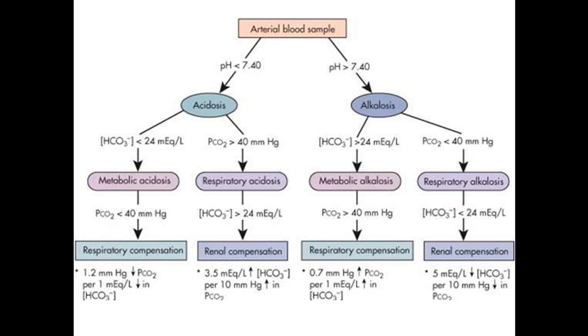When the pH is less than 7.4, it will be acidosis. And when the pH is more than 7.4, it will be alkalosis. Now, if the partial pressure of carbon dioxide is more than 40, it is respiratory acidosis. If the bicarb level is less than 24, it is metabolic acidosis. This is the way by which you can conclude what type of problem is there.